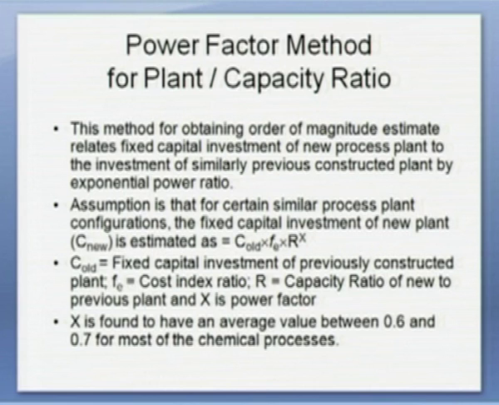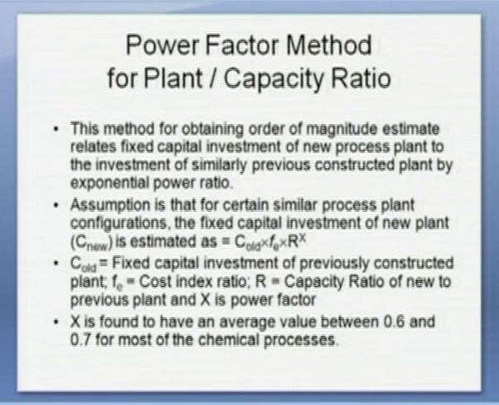A better approximation in this approach is given as C new is equal to F into D old R raised to x plus L, okay, L not 1, this is L, where D old is the direct cost of the previous plant and L is the total indirect cost for a previous plant installed on the same site.